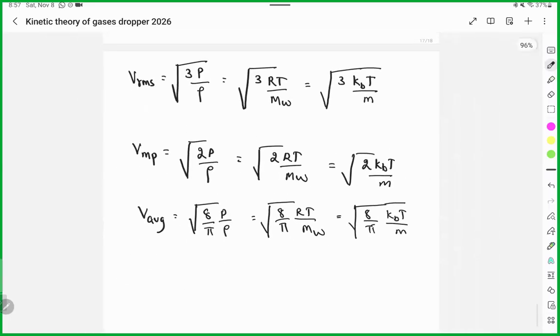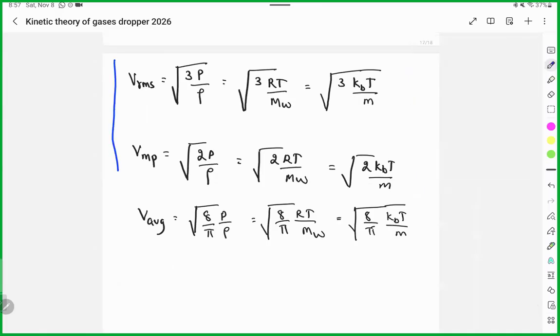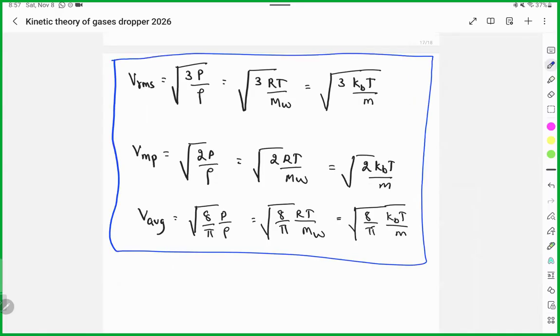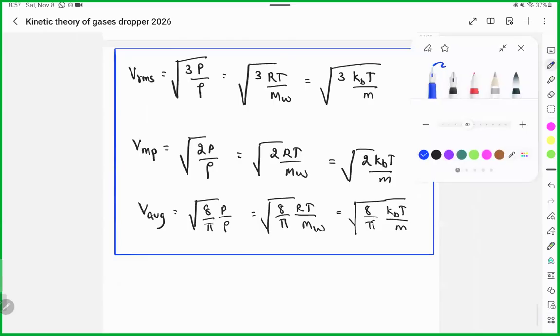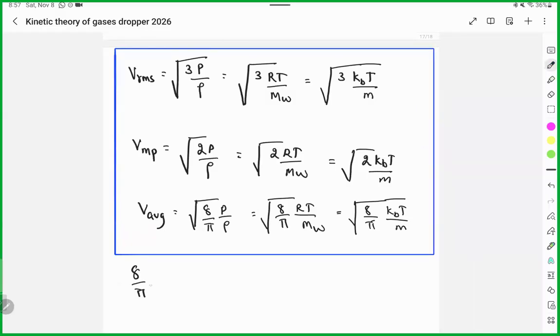Yes or no? It's just a key. We wrote in three forms: VRMS, V most probable, and V average. Out of these three, root 3 value is maximum, then 8 by pi, and then 2. Why? Because if you calculate 8 by pi, what is the pi value, Anvita? Yes, sir. 8 divided by 3.14 is about 2.5.